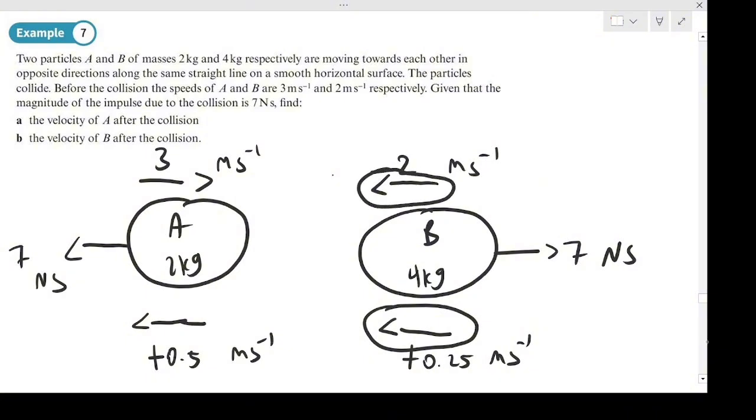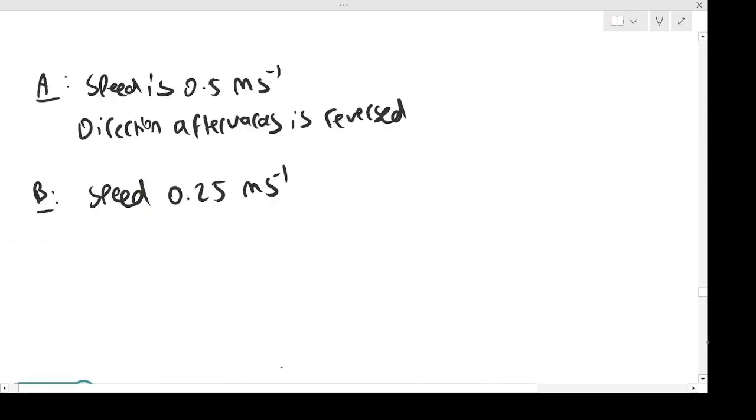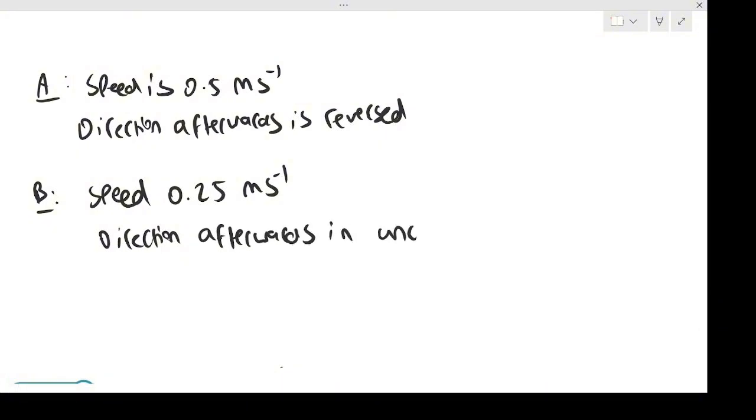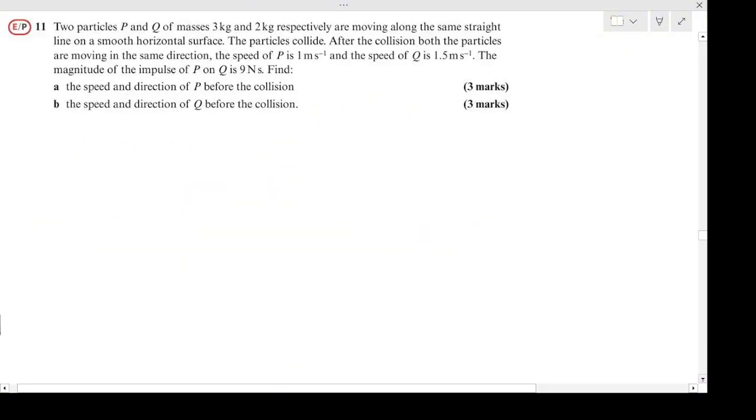So if I compare it, I can say the direction is unchanged. Before and after, so the direction afterwards is unchanged for B. And there we are. So whenever you're describing direction or something like this, you must use comparative language. Okay, then I've got this question here.